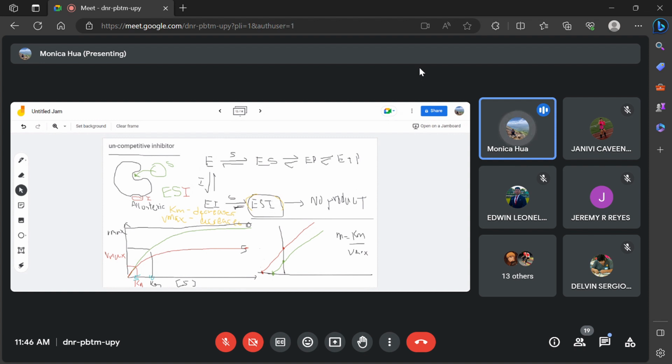That's the only difference, and because of that difference, the plots look different. Generally it looks the same here, except it has an arrow here as well. So this is the uncompetitive. We'll talk about the non-competitive.